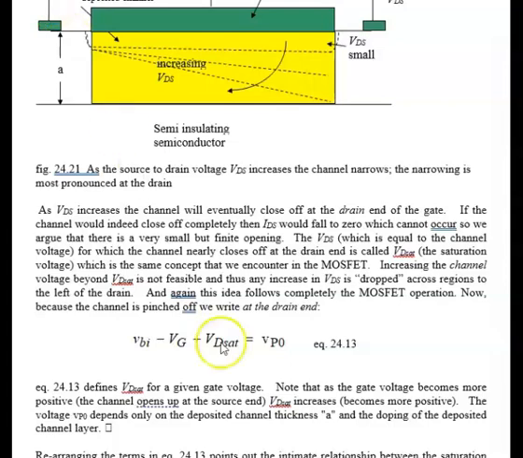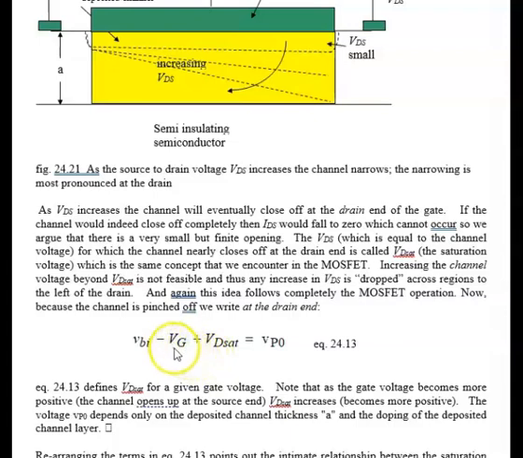Okay, so now we want to define what this thing VDSAT is. Because the channel is pinched off, we define VDSAT by equation 24.13. And 24.13 certainly doesn't look like the way we define VDSAT for a MOSFET, but we'll see that if we massage things a little bit, we can get the definition of VDSAT to be pretty much what it was for the MOSFET.